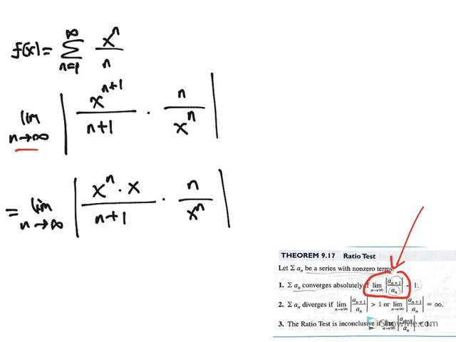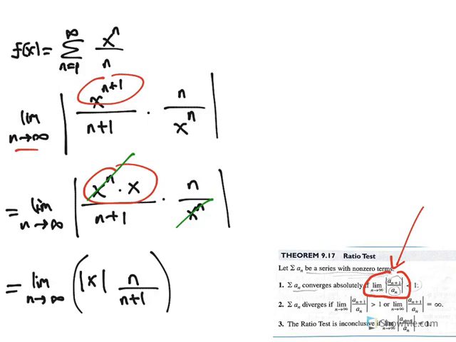And of course, we can rewrite x to the n plus 1 like this, x to the n times x to the first, allowing us to cancel the common factor of x to the n. And that gives us the limit as n approaches infinity of the absolute value of x times n over n plus 1. And of course, we're taking the limit as n is approaching infinity.